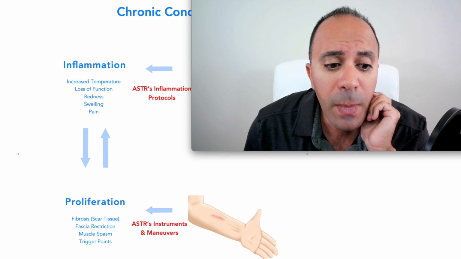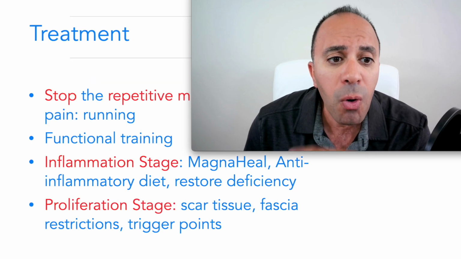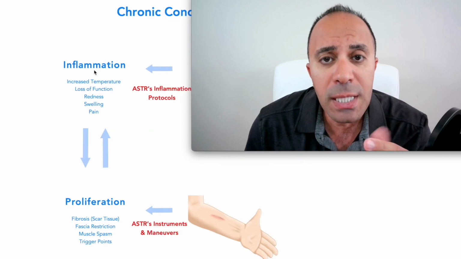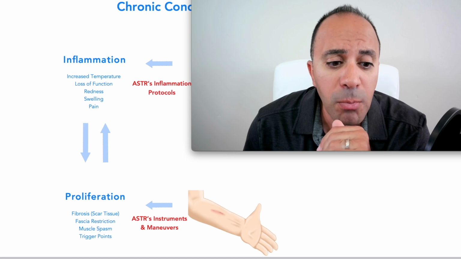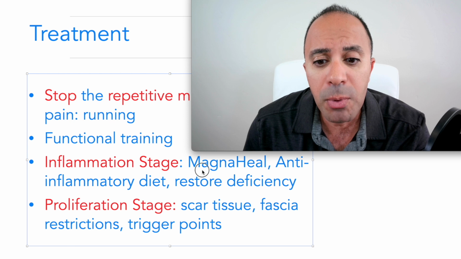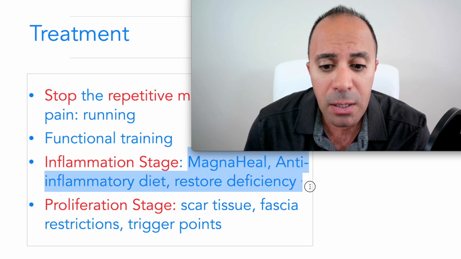So I will personally address those issues, the inflammation stage and the proliferation stage, simultaneously to get to the root cause of the problem and relieve the IT band syndrome.